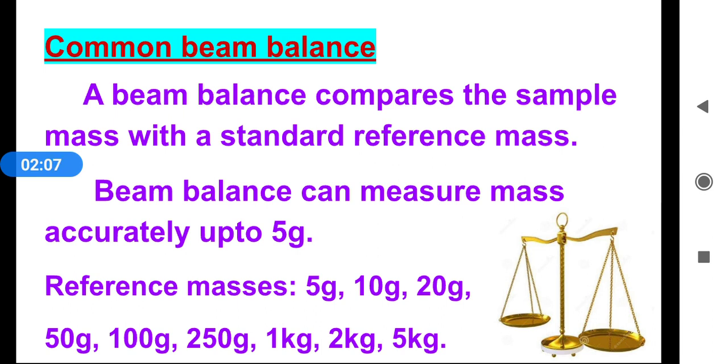This balance can measure mass accurately up to 5 gram. The reference masses are 5 gram, 10 gram, 20 gram, 50 gram, 100 gram, 250 gram, 1 kg, 2 kg, 5 kg.